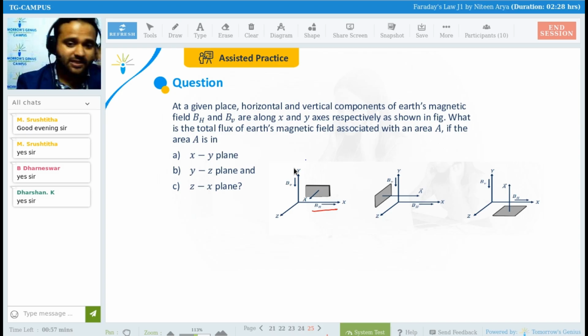As you can see, for the XY plane the area vector is in the direction of K. For the YZ plane, it is in the direction of I. And for the XZ plane, tell me, it is in the direction of what? I, J, K, X, Y, Z? After seeing the diagram, tell me in which direction it is.